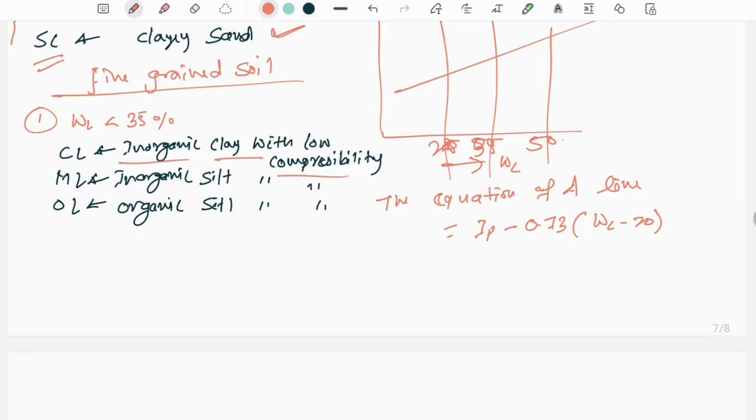ML is the inorganic silt, here M is for silt, inorganic silt with low compressibility, and OL is the organic silt with low compressibility. So O for organic, C for clay, M for silt, and L represents the low compressibility.